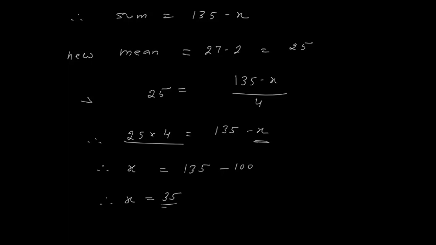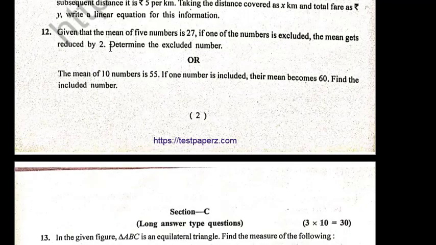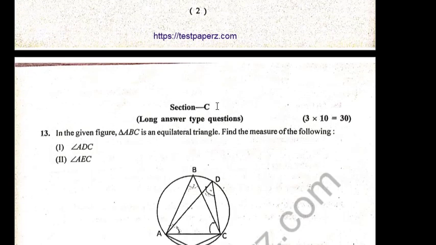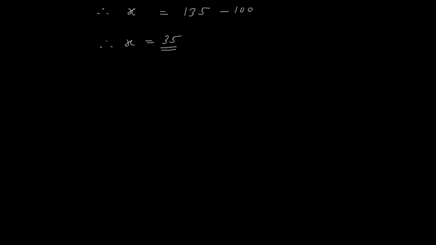So the value of x is 35. Determine the excluded number: therefore the excluded number is equal to 35.